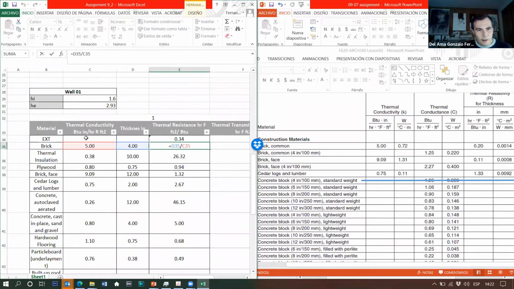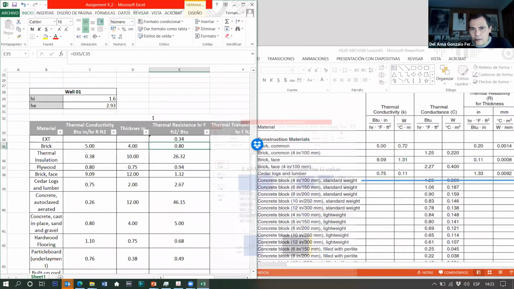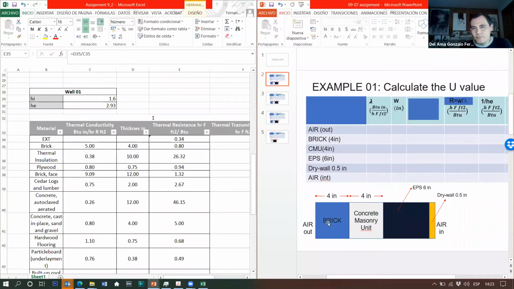It is C35. Okay, so it's correct. Then, what is the second? The second layer. So this is the first layer, 4 inches, brick, 4 inches, thermal conductivity 5.